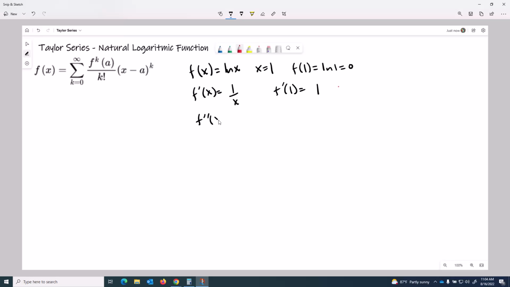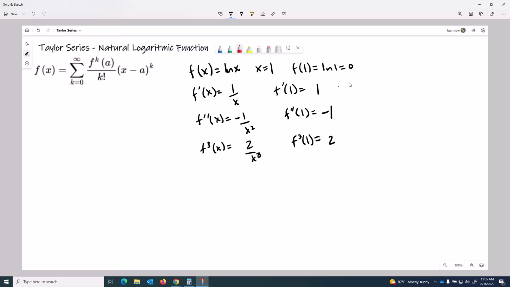Take the derivative again, and you get negative 1 over x squared, so f double prime of 1 is equal to negative 1. Okay, so we have 1, negative 1. And then the third derivative is going to be positive 2 over x cubed, but when we plug in 1, we get just 2.